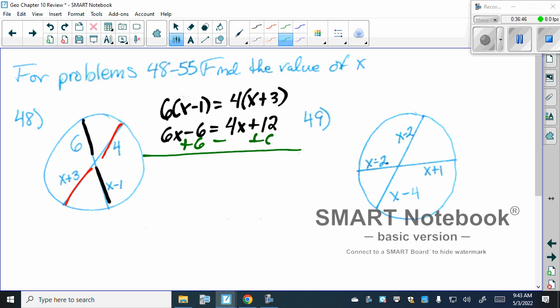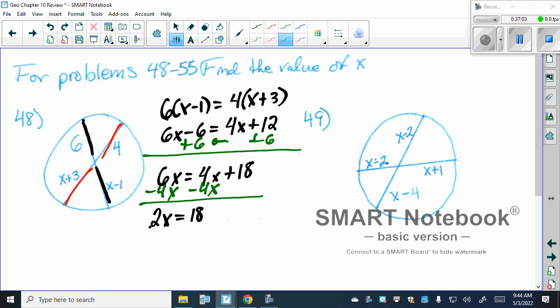We can add 6 to both sides, which will tell us that 6x is equal to 4x plus 18. Then we can minus 4x, telling us 2x is equal to 18. Divide both sides by 2, telling us x is equal to 9.